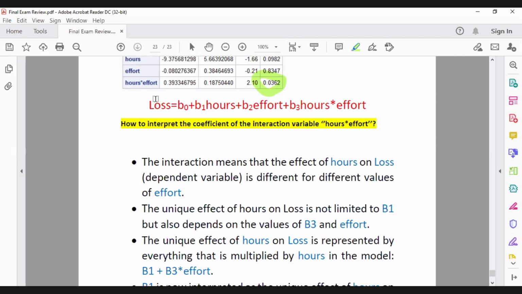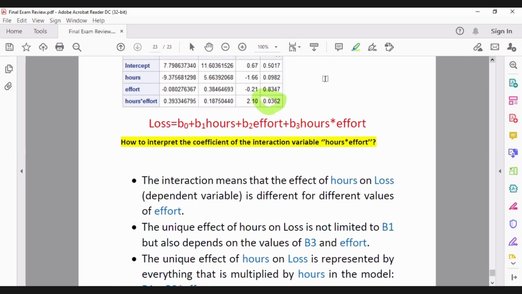By changing efforts, we get a different level of hours impact on y. The unique effect of hours on loss is not limited to B1. This is B1. The unique effect of hours on loss is not limited to B1, but it is also affected by the interaction with effort, which is B3.